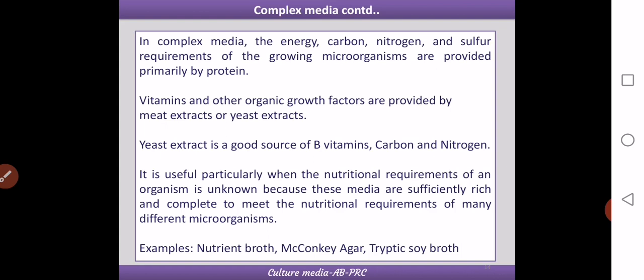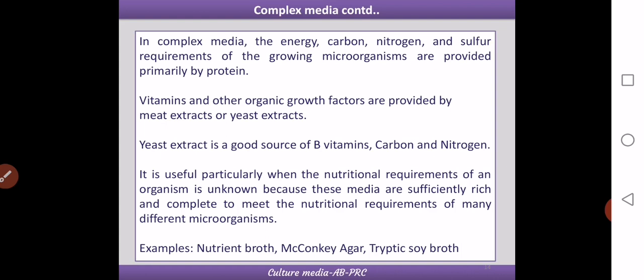So these proteins will meet all those requirements. Then vitamins and other organic growth factors will be provided by the meat extract and yeast extract, in addition to the already said sources. Yeast extract is usually considered a good source of B vitamins, and also a carbon and nitrogen source. Clear?